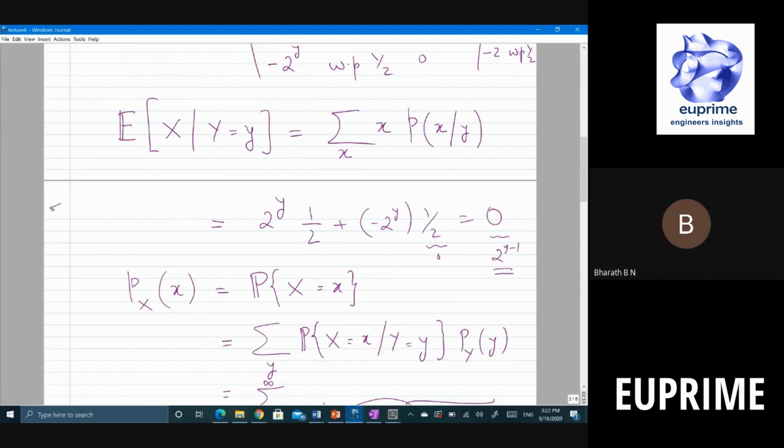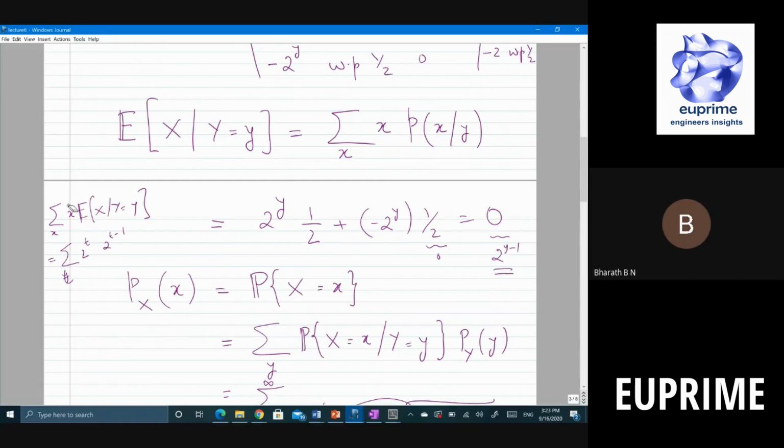So what will happen to the total expectation law? It's the sum over all y of the probability of y times expected value of x given y equal to y, right? So x can take what values? Some 2 power something, right? Do you agree? It can take some 2 power something kind of a variable, so y or some t, 2 power t kind of a variable. Expected value of x given y is 2 power t minus 1.